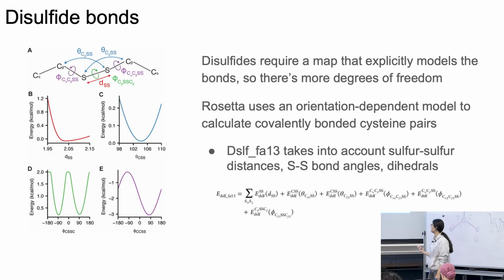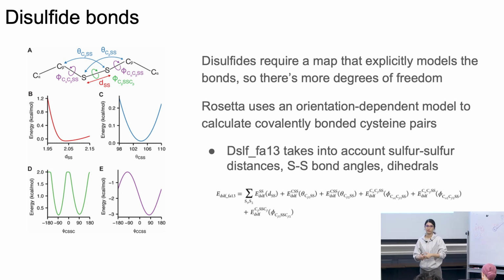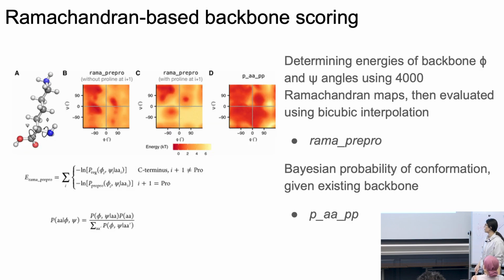And for disulfide bonds, we also are able to calculate energy because we can study these atomic energies in experiments as well. So you can break a disulfide bond and just see what happens and figure out a way to relate that and use it in your score function.